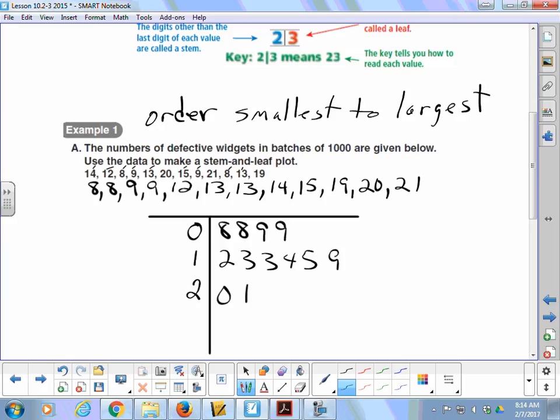Okay, so when doing a stem and leaf plot, order from smallest to largest first. Okay, and then remember that there are no commas. Sometimes people like to separate their numbers with commas, but in a proper stem and leaf plot, there are no commas.